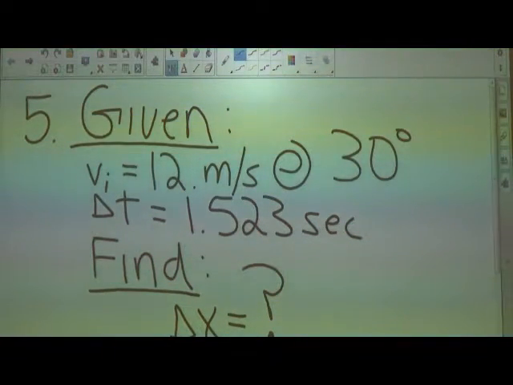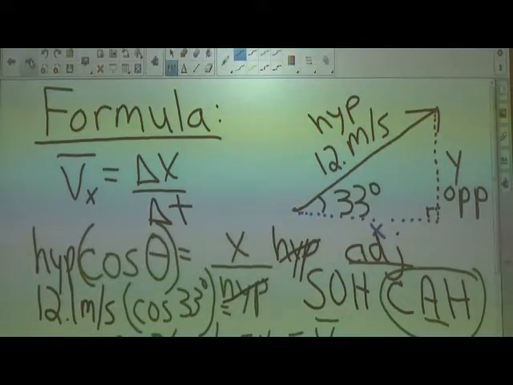Now, since we are given the vector velocity, and we're looking at how far it's traveled horizontally, what do you think we're going to have to do with that vi? I want you to think about it right now. Alright, hopefully you can see that the vector is at 12 meters per second and it's going at an angle.